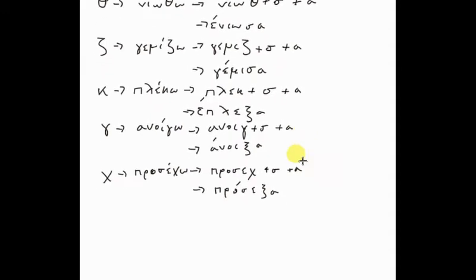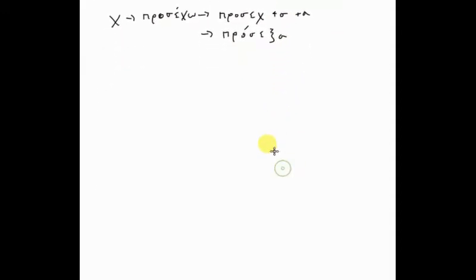I watched over or I was careful. Next we have sk. If your stem ends in sigma kappa, then what do we have? We have didasco, which means I teach. Didask plus sigma plus a.